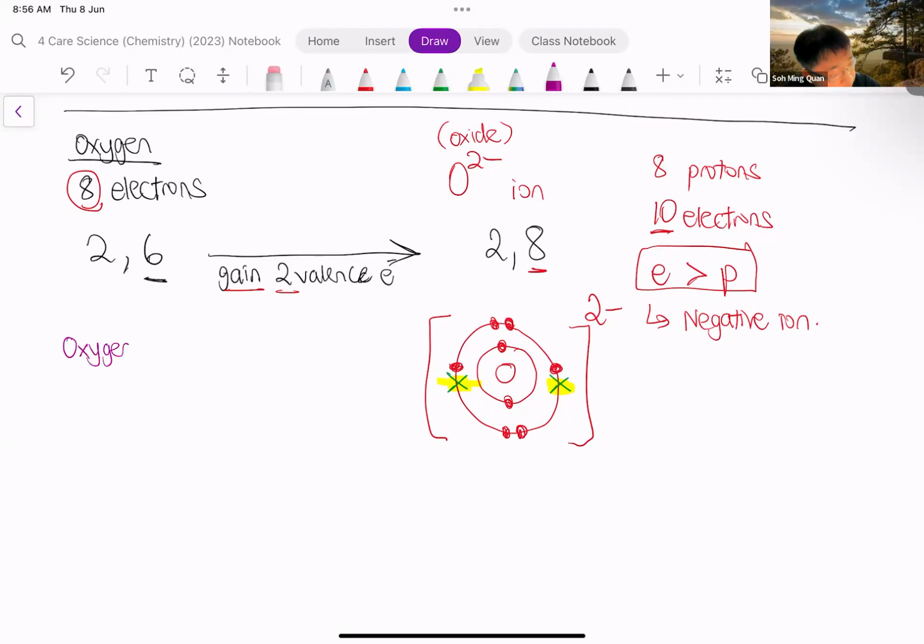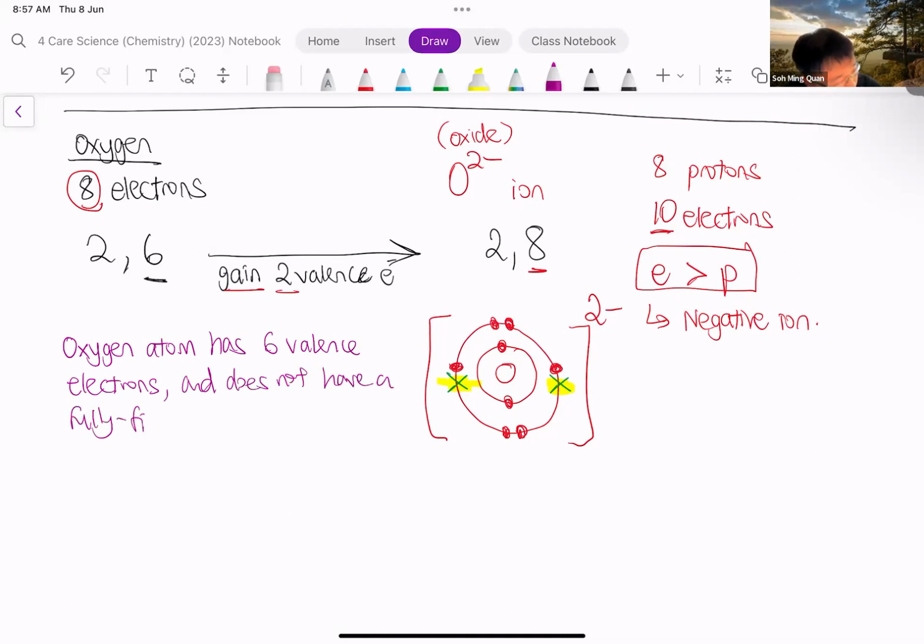Again, you have to say oxygen atom has 6 valence electrons and does not have a fully filled outermost electron shell. Okay, so you want to write 2, 6. It's a sentence.